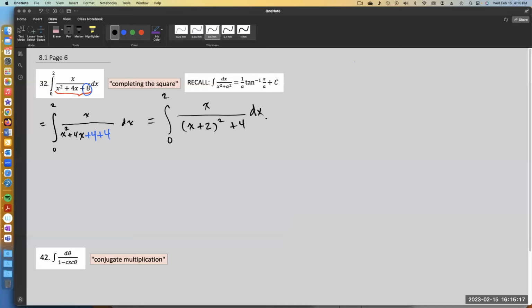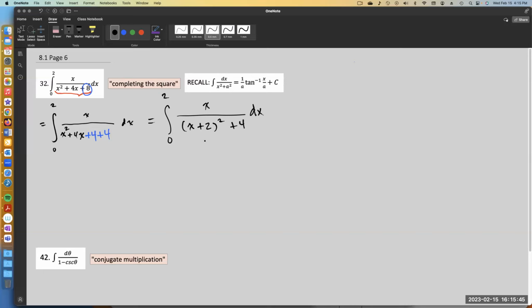Now we have a couple of things that we could do. The most natural thing, I think, would be to get rid of that x + 2. If we look up at this arctangent business, we have a sum of squares here. And it'd be super convenient if this was just a u instead of an x + 2.